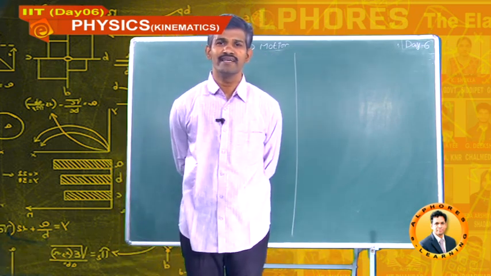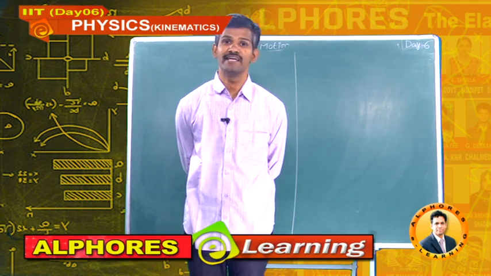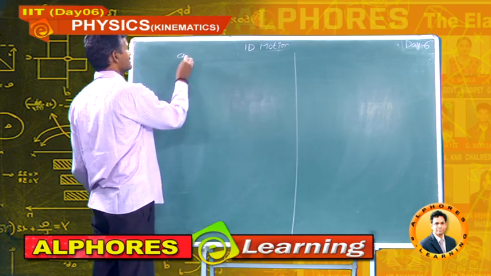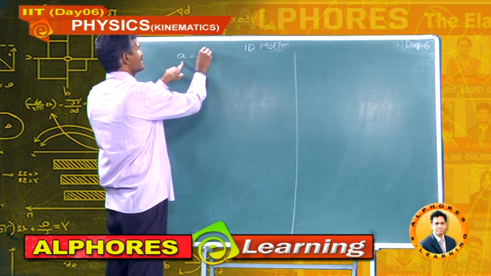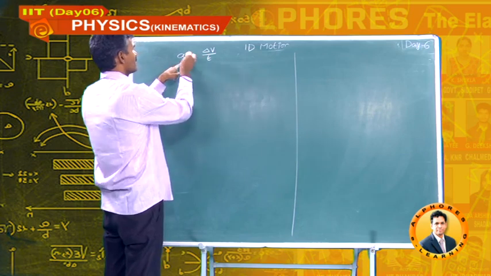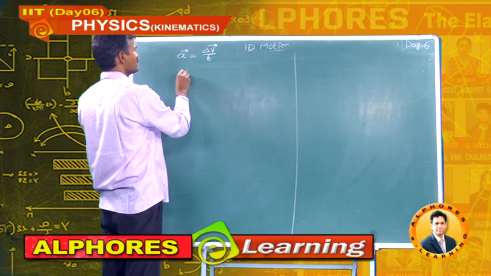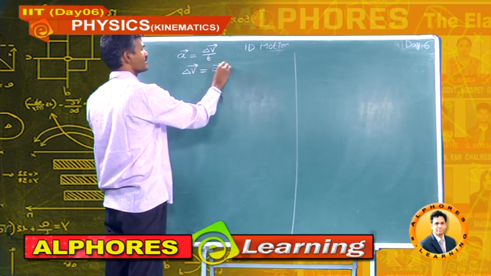Students, now I am drawing some graphs related to uniform acceleration only. We know that if a body travels with a uniform acceleration, a bar is delta v bar by delta t. So you can write it as delta v bar is equal to a bar into t.